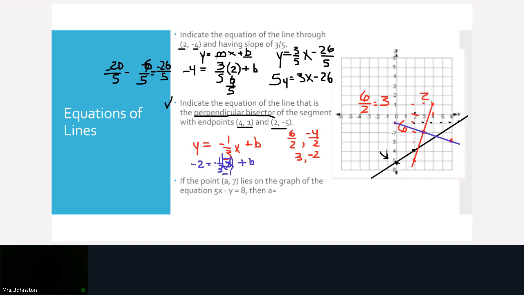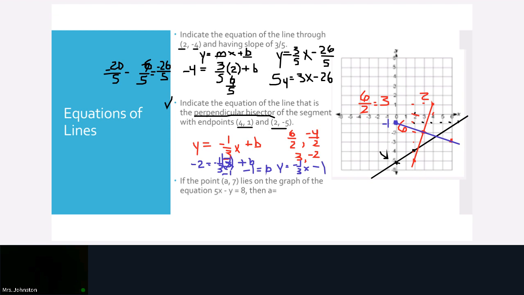If I add that to both sides, I end up with -1 being b. So right there, it is confirmed that it goes through the y-axis at -1. So I can rewrite my equation as y equals -1/3 x minus 1.